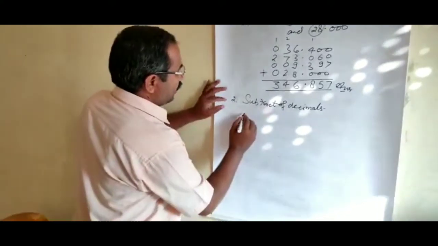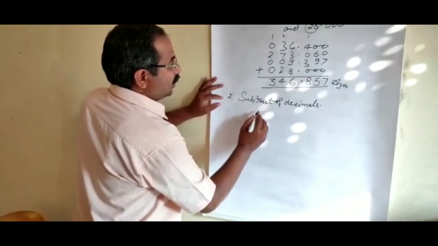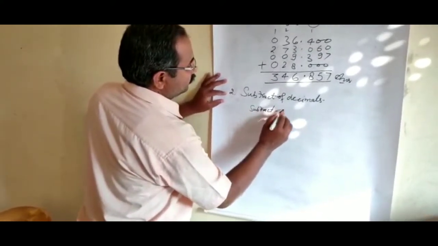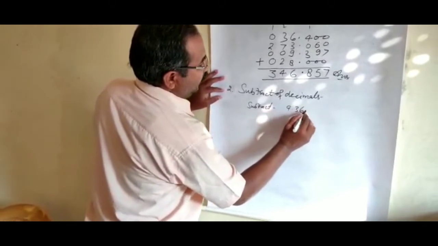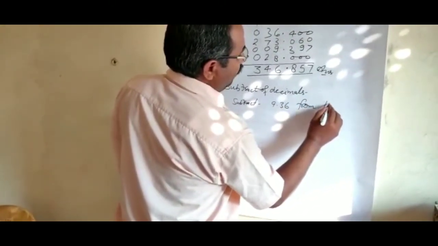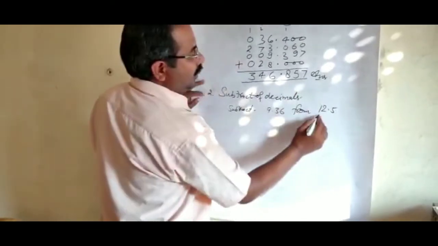So for example, I want to tell you: subtract 9.36 from 12.5.